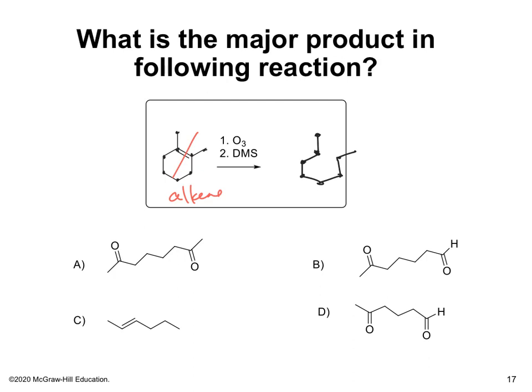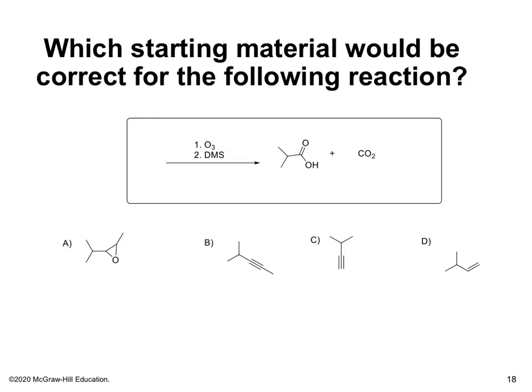And then this is a ketone and a ketone. And then count how many you have. 1, 2, 3, 4, 5, 6, 7. And they're both ketones. So A is your answer.